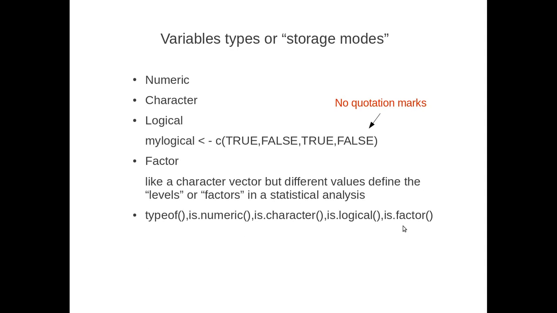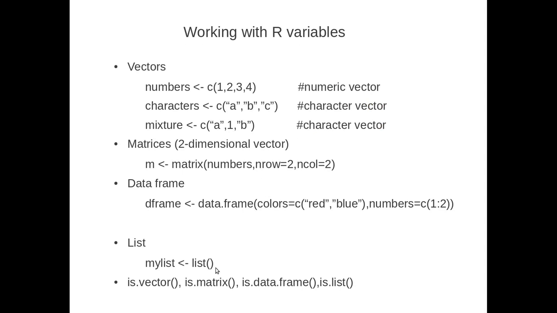Again, just to summarize, we have these ways of querying what type of variable a variable is. We also have ways of knowing if this is a vector, a matrix, a data frame, or a list using these ways of querying. I'll go on. We won't give an example of a list for now. We'll talk about that a little bit later.